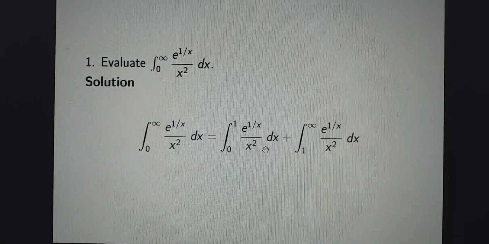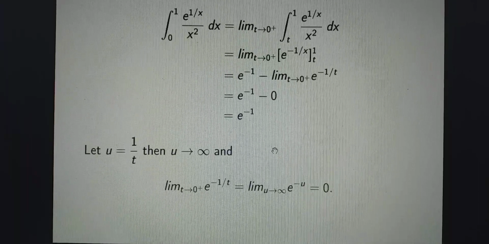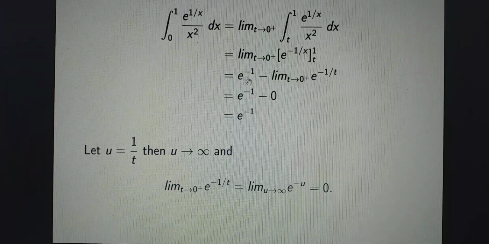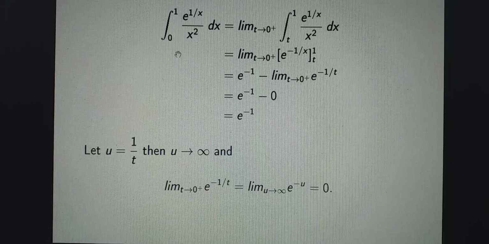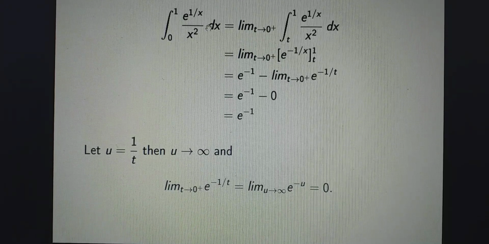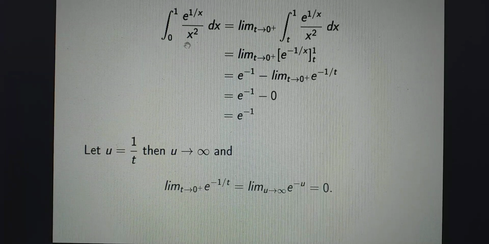Okay, and we will solve each of them. First, for this integral from 0 to 1 of this function, again this function is undefined at 0 but defined at 1.